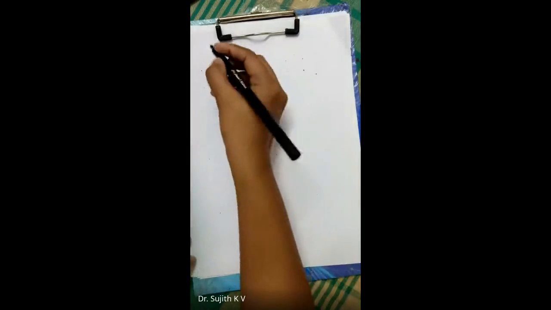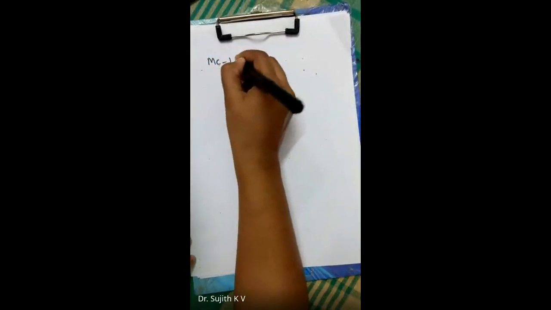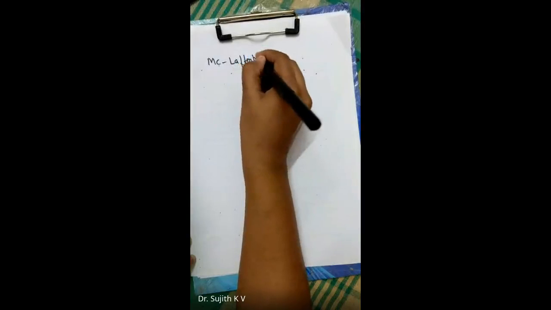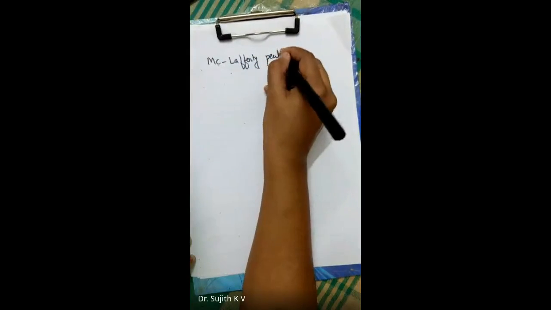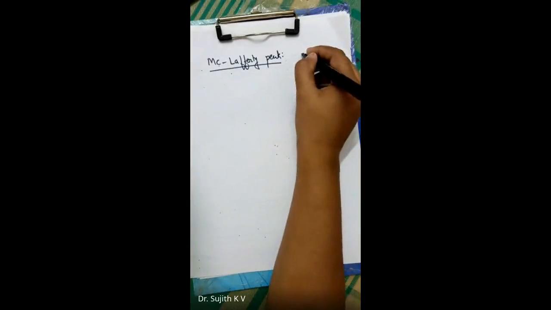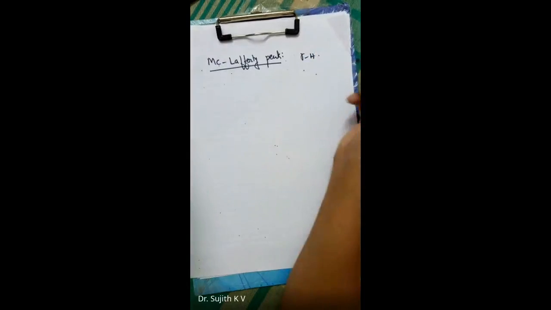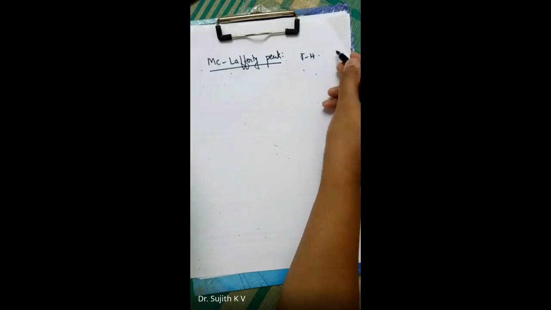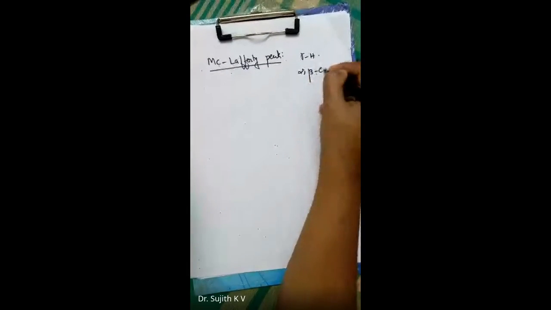There is a possibility of another one, that is the McLafferty peak. You might be familiar with the requirements for McLafferty peaks by now. That is, there should be a gamma hydrogen, gamma hydrogen abstraction followed by alpha beta cleavage.